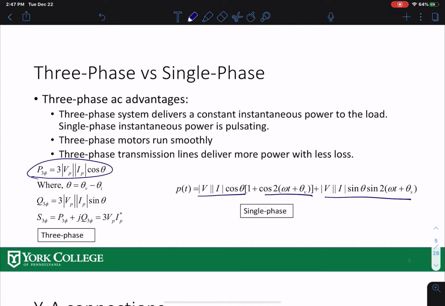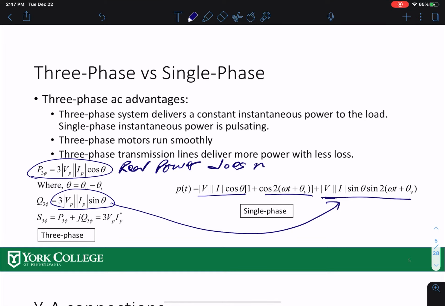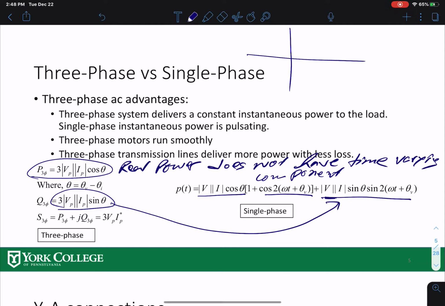The big thing in three-phase power is that real power does not have a time-varying component. Your real power in three-phase is a constant value.